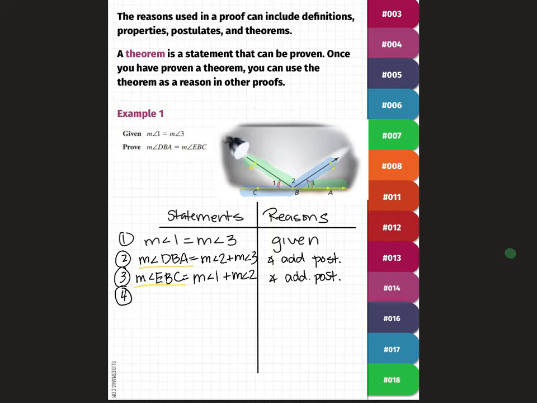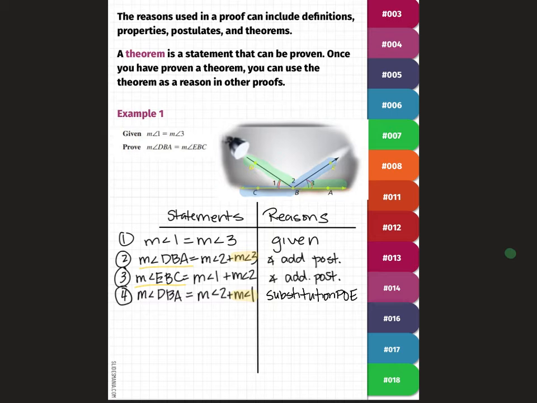So my next line, I'm going to say that the measure of angle DBA is equal to the measure of angle 2 plus the measure of angle 1. And so what I want you to notice is that I substituted angle 3 and angle 1 because they are equal. Okay?